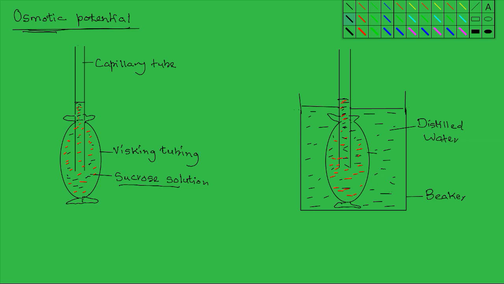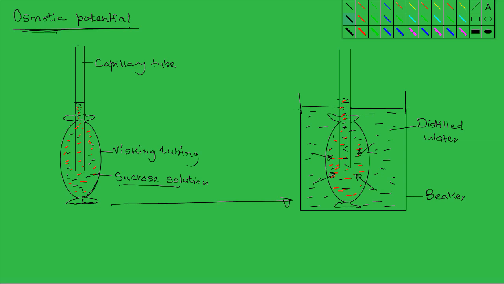Now, if you are to immerse this solution in a beaker that contains distilled water, then through osmosis, water molecules will move into the sucrose solution in the Vissking tubing and increase the volume and generate a force. That force is osmotic pressure that will have been generated by the sucrose solution. But for as long as this solution is not separated from the distilled water by the semi-permeable Vissking tubing membrane, then we talk about the osmotic potential.